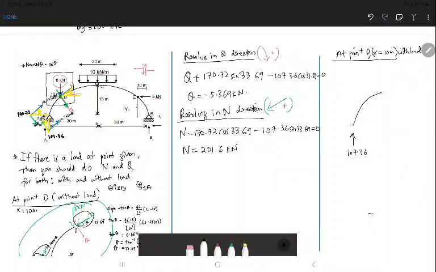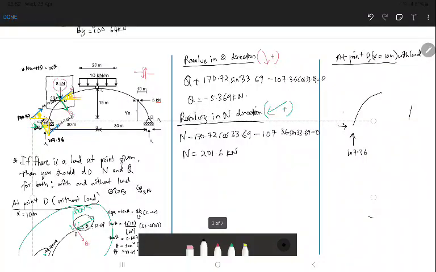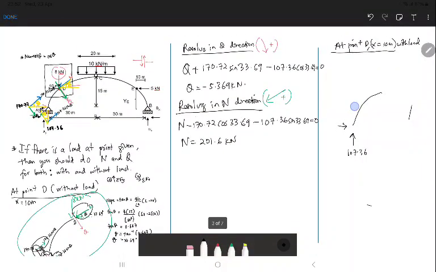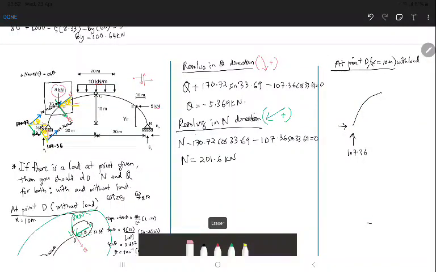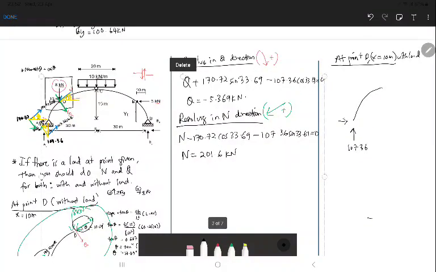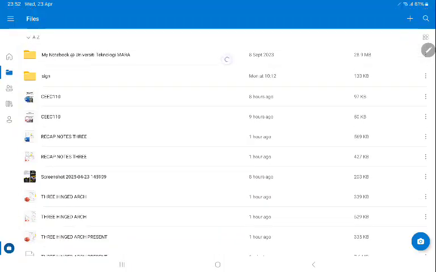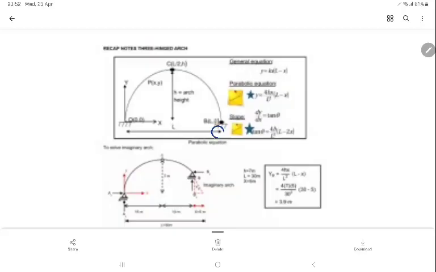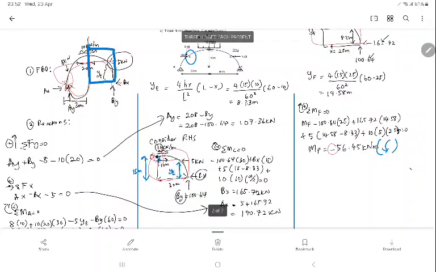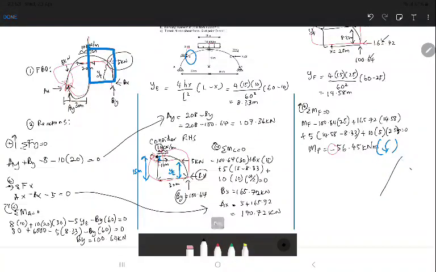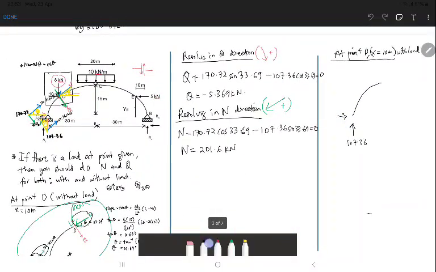107.36 and 170.72, N in this direction, Q in this direction, so you got 8 kilonewton.